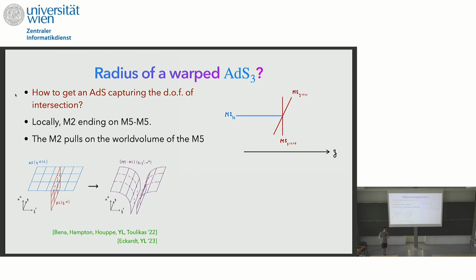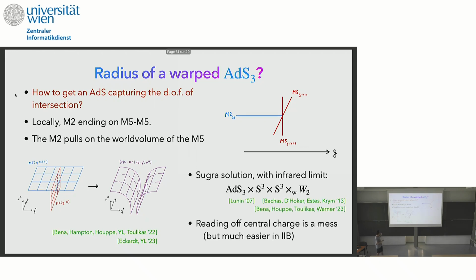The fundamental string pulls into the world volume of the D3 brane. And so from here, there's a supergravity solution corresponding to this pull, whose infrared limit is an AdS3 cross S3 cross S3 warped product with a two-dimensional Riemann surface. So reading off the central charge here is quite hard, but it would be much easier in the type IIB version.